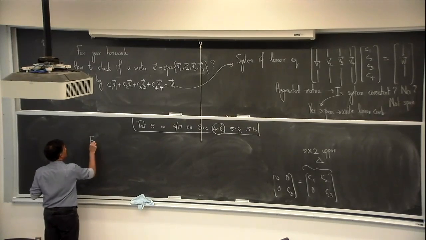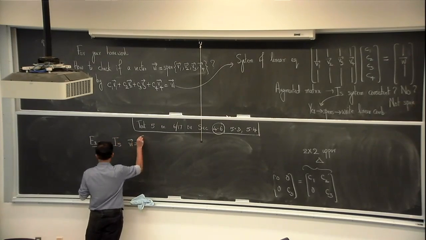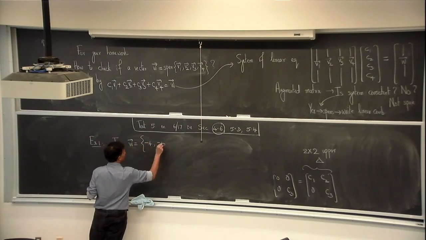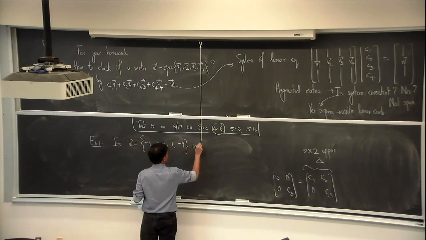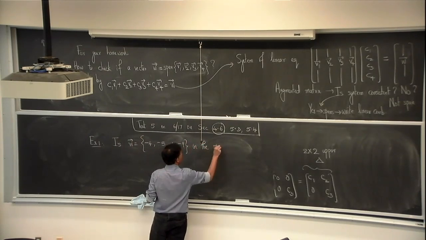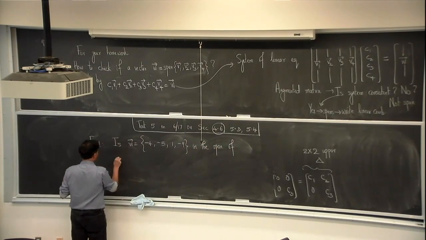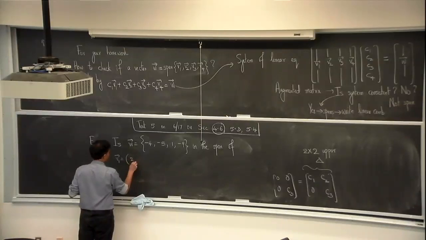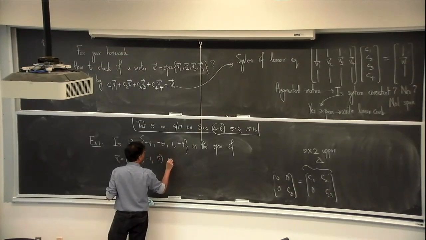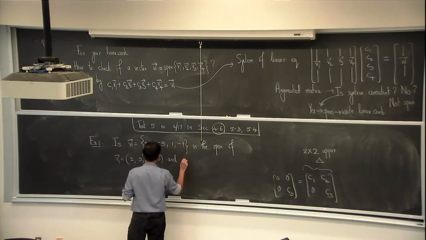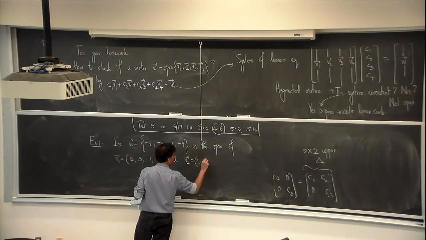So example 1: is the vector W equal to -4, -5, 1, -9 in the span of the vectors V1 equal to 2, 3, -1, 5, and V2 equal to 1, 2, -1, 3?